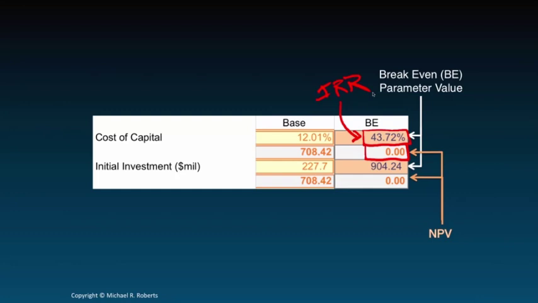As we discussed in the last lecture on decision criteria, you can see there's a lot of room here before this project looks bad, at least on the cost of capital dimension. For the initial investment, it would have to be closer to $1 billion before this project started to turn negative.